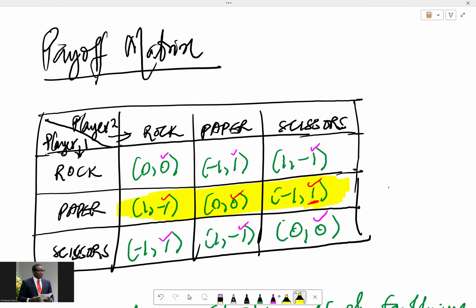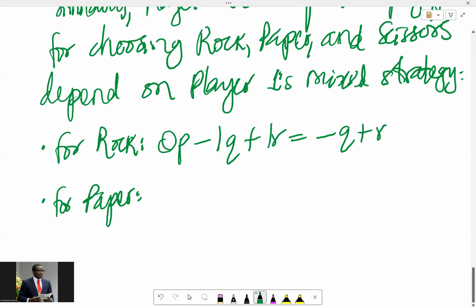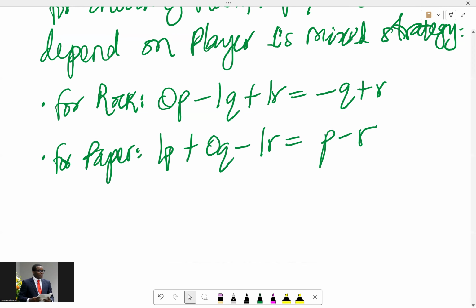And so for paper, when player 1 chooses paper and player 2 chooses rock, we have 1, 0, minus 1. So here we have 1p plus 0q minus 1r, and that is p minus r. Okay.